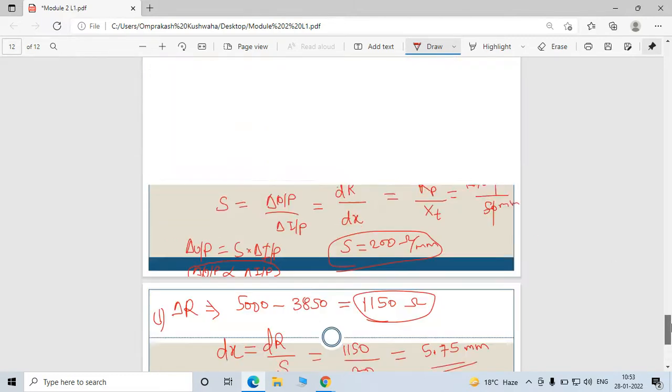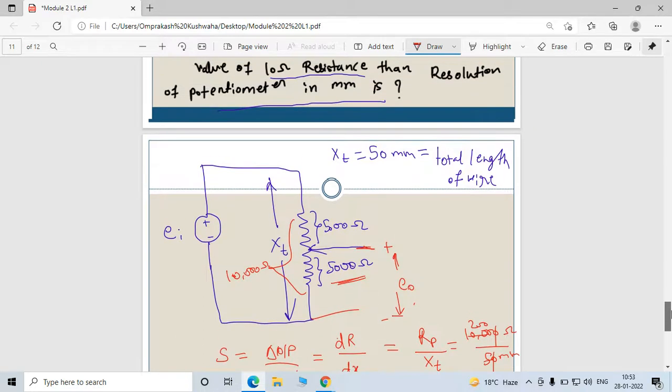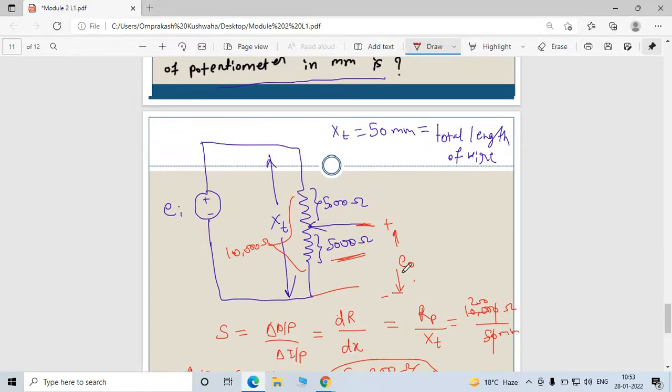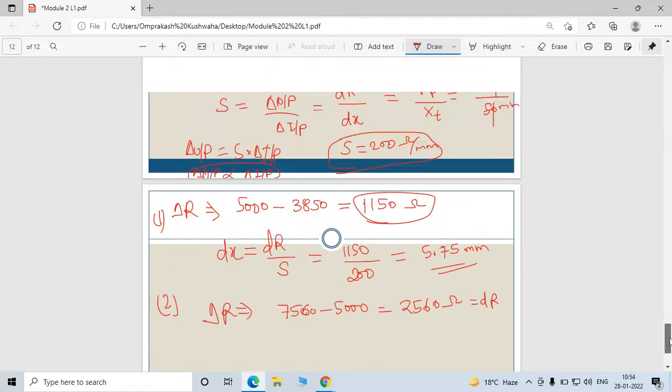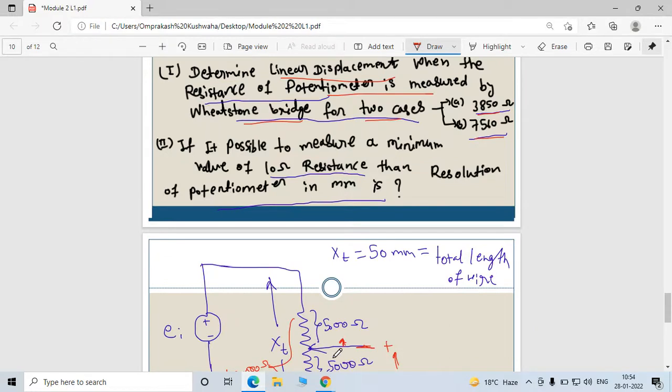What it means, you're measuring means you're sliding that contact to both sides, right? Then only your output 5000 increases. So when you go to the above side, this 5000 plus something, which is nothing but 2560 ohm resistance, is added to this.